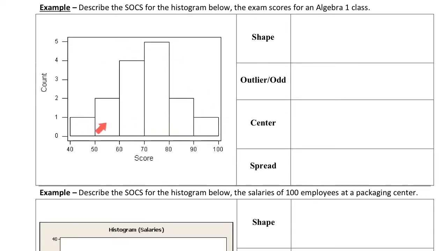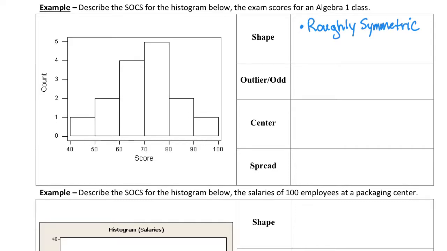I can see some symmetry here. Like these, it definitely falls off. Now, is it exactly symmetric? No. So I'm going to say that it's roughly symmetric. You could say approximately symmetric would be fine too. I just think it's easier to spell roughly, so I'm going with roughly symmetric.